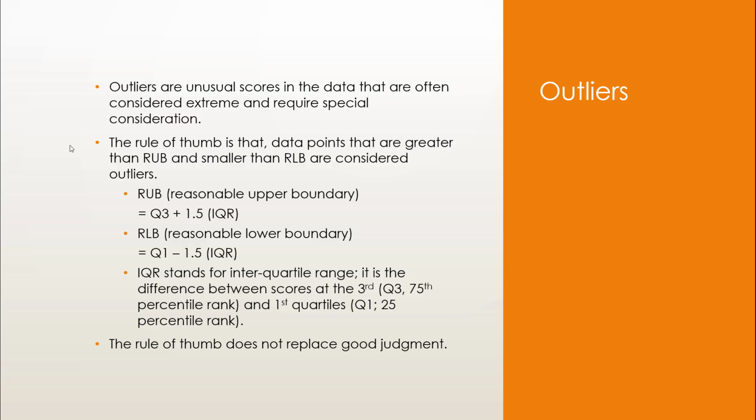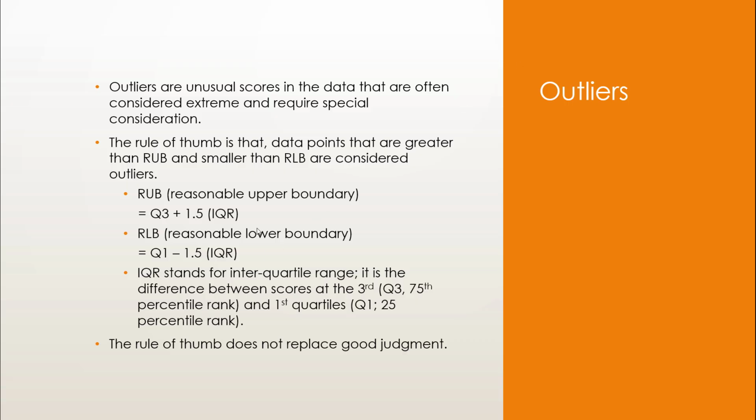The upper boundary is the 75th percentile, the third quartile, plus 1.5 times the interquartile range. The lower boundary is the 25th percentile, which is the first quartile, minus 1.5 times the interquartile range. The interquartile range is the difference between the 75th and 25th percentile scores.